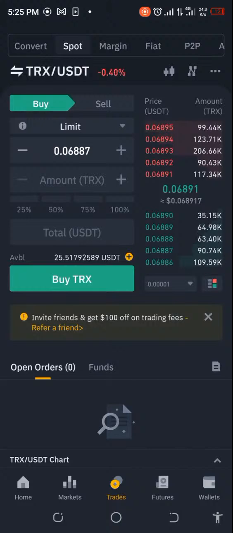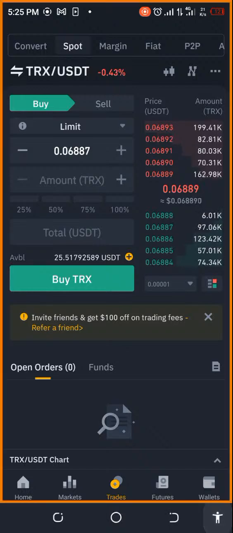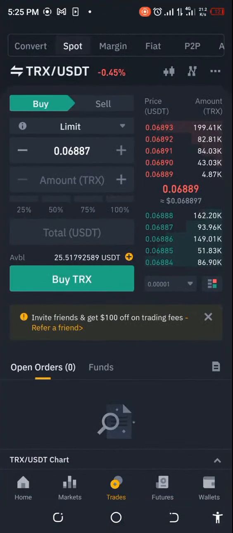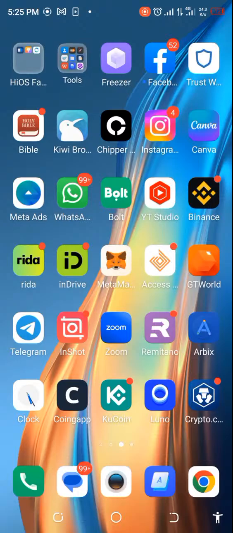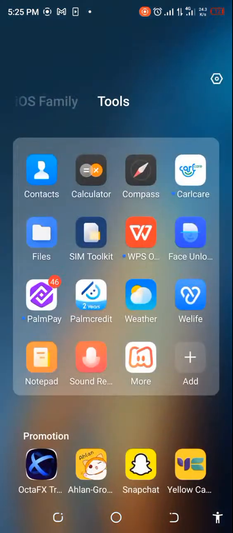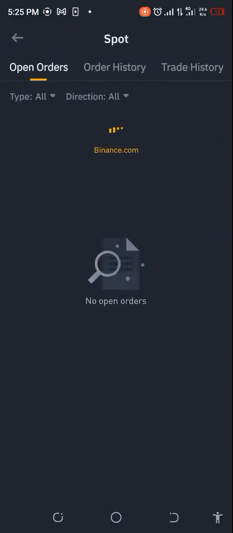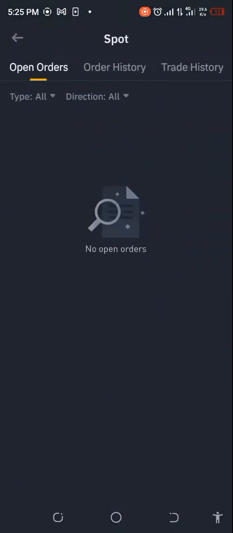And the reason being, like I told you, two things happened. I had to send it down and change it to TRX, and then I also had to send it down and change it again here. Those were the two things that made us lose a little bit of money. But all the same, let's look at the trade history so that we can get everything fully.